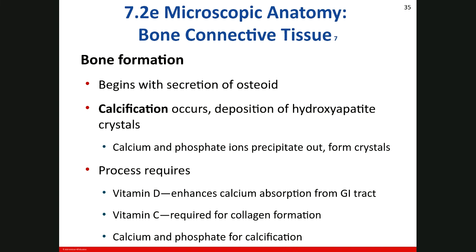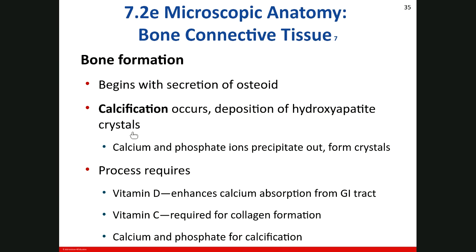What about bone formation? Bone formation begins when osteoblasts secrete osteoid. The osteoid is soft. After that, on this soft osteoid, we have a process which we call calcification. Calcification means deposition of hydroxyapatite crystal on the osteoid.